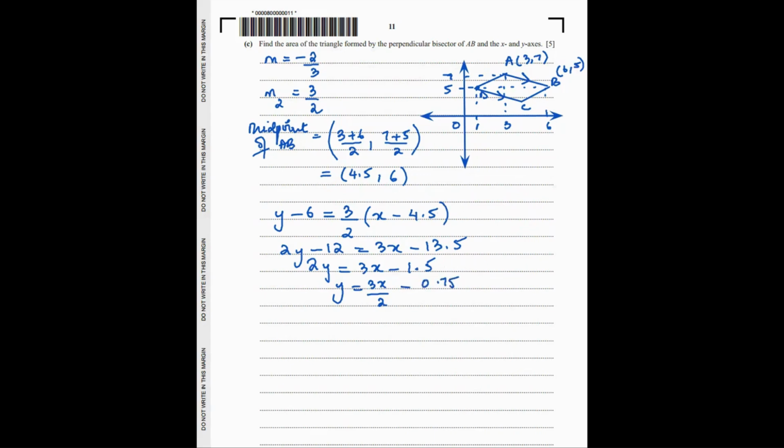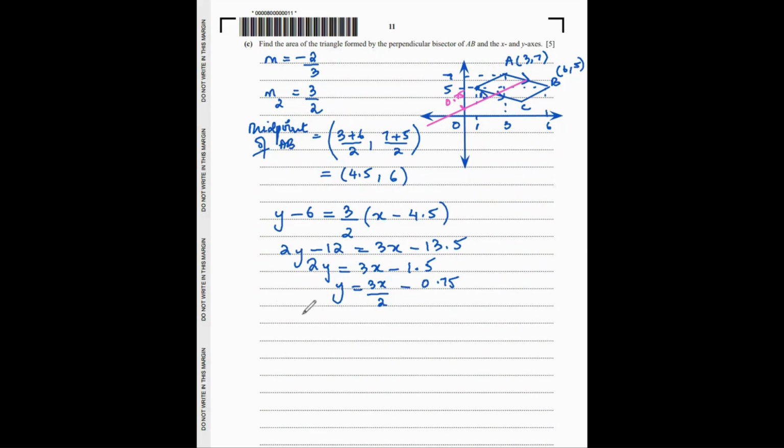So if I draw a line, this is basically your perpendicular bisector, just like a rough idea for that. We know the y-intercept is 0.75. And we can easily find the x-intercept by putting y equals 0.